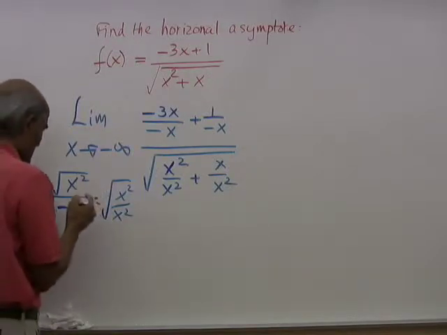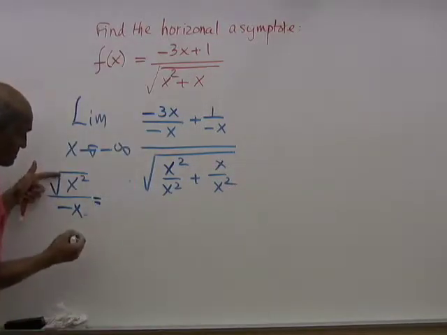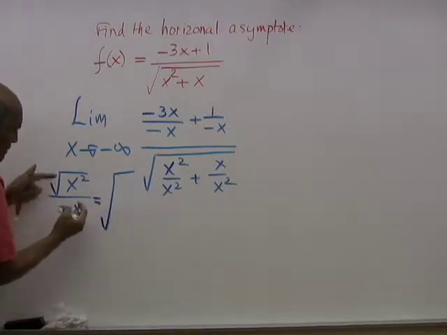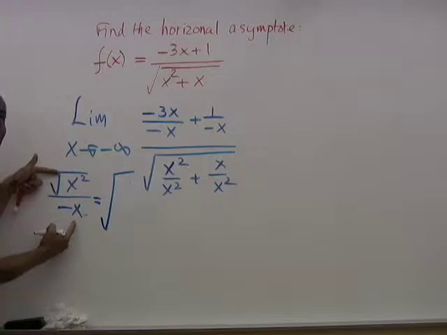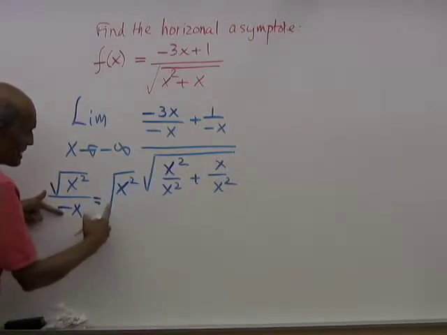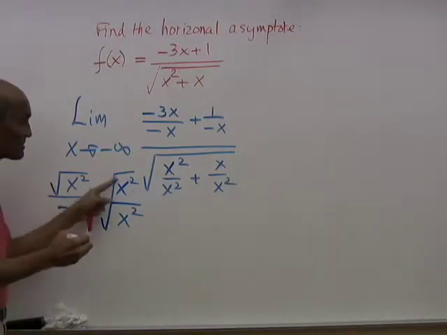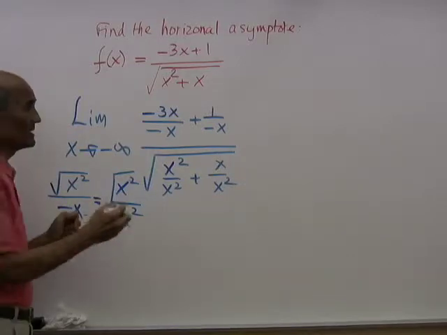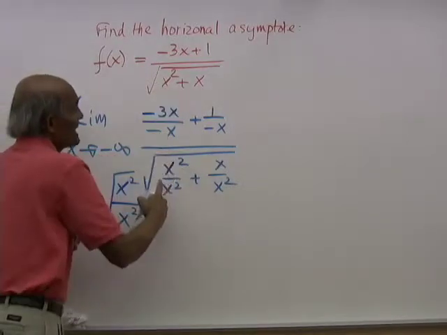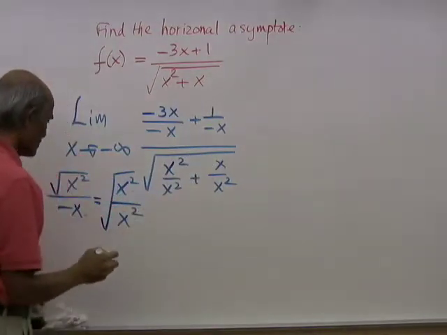Try it again: square root of x squared divided by negative x means we're going to put both inside the square root. When this goes under the square root, it becomes x squared. So that will be square root of x squared divided by x squared. And therefore, when you divide each of these by negative x, it becomes x squared over x squared plus x over x squared.